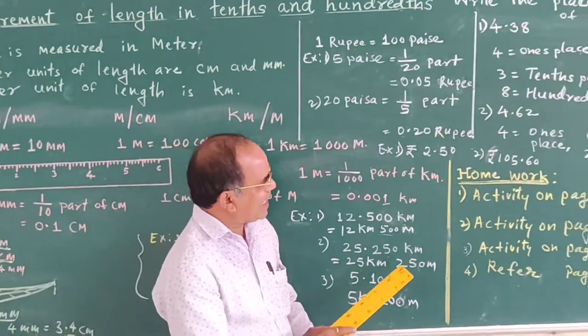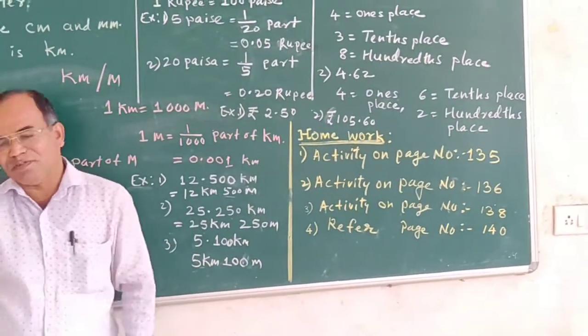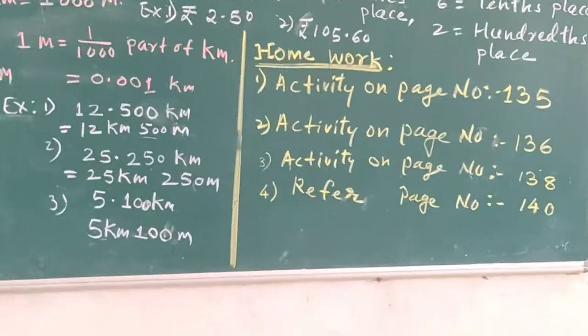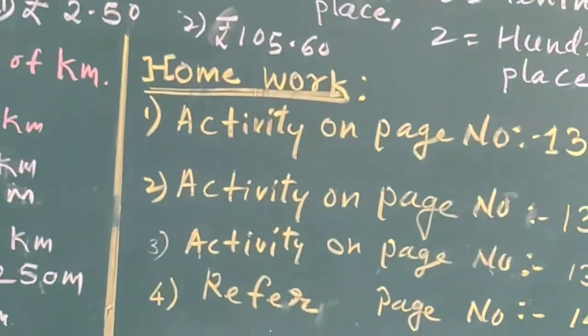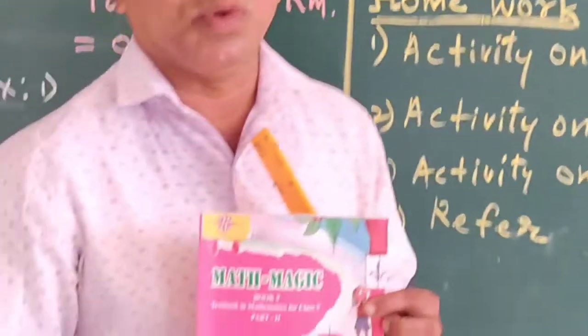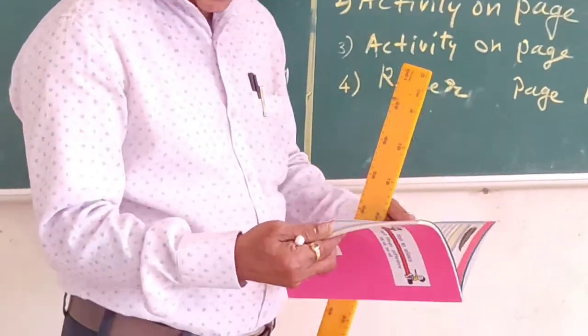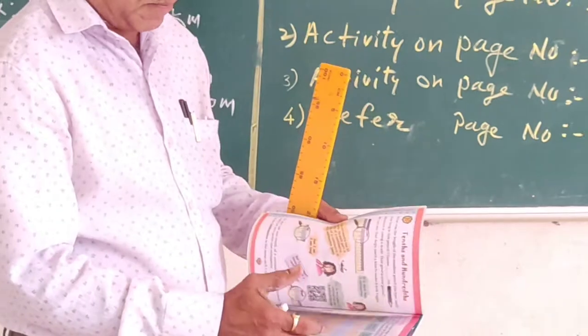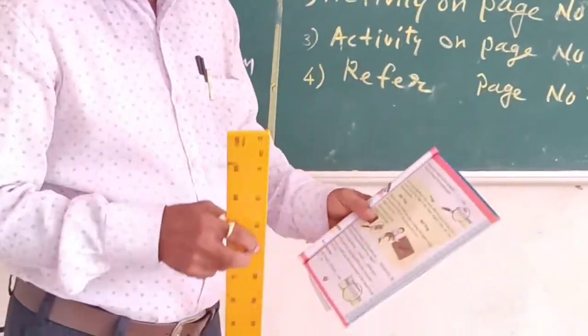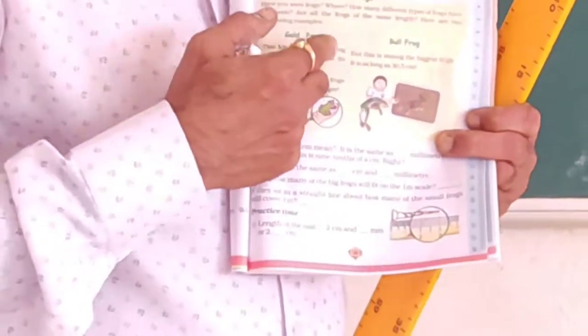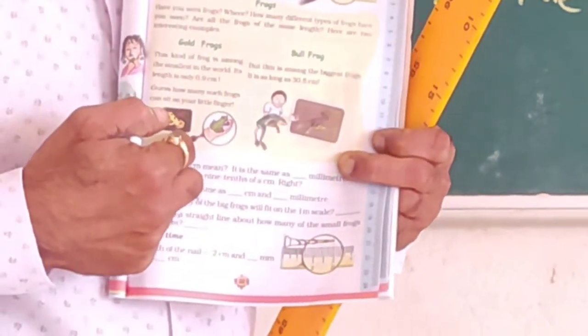So here a small activity is given to you to refer. You take the book, the textbook part 2, and in there first you refer to page number 135. You can see here page number 135 is given, and on this, small exercises and activities are given.